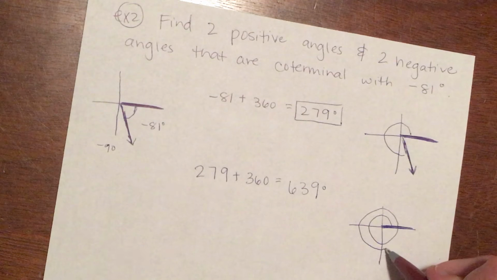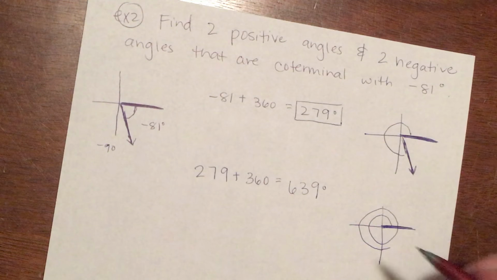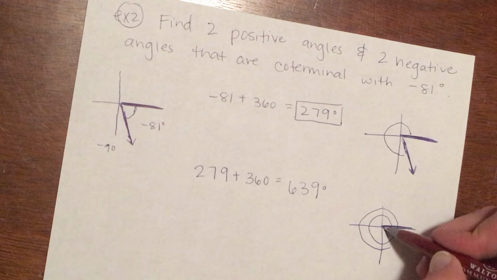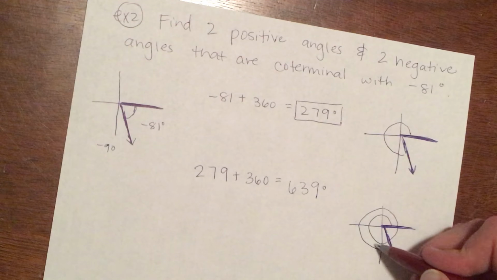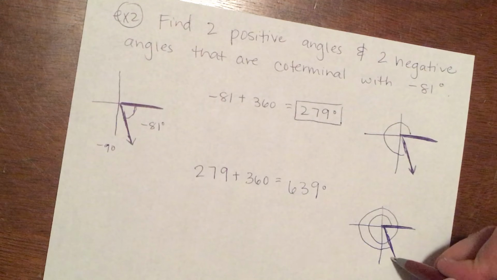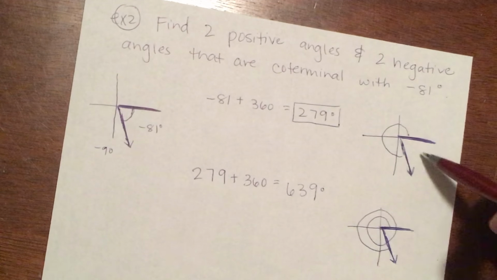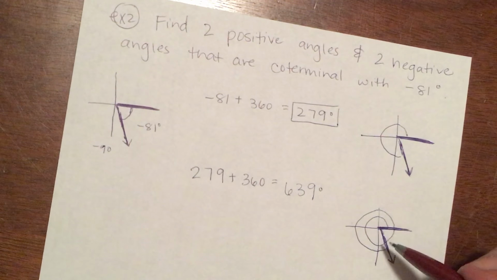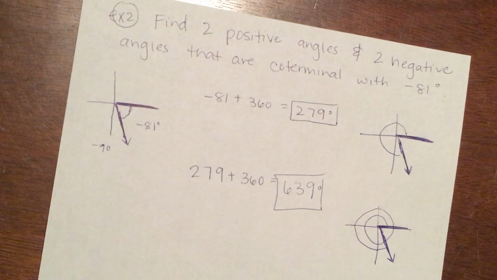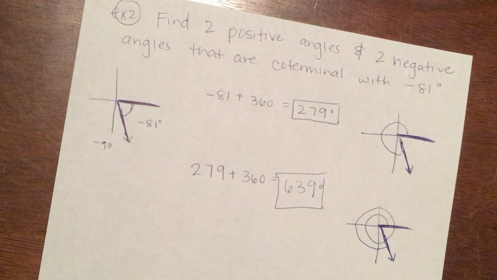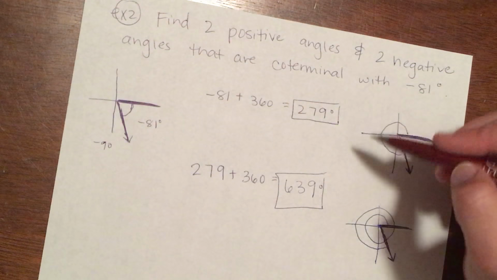Sorry guys, I can't do this in my head that quickly. Either way, you end up curling all the way around. You do a full loop and then go around again to get to 639. So these should be in the same position. This one just has extra loop-de-loops. You do the math of counting around if you want to. So, okay, those are my 2 positive angles.